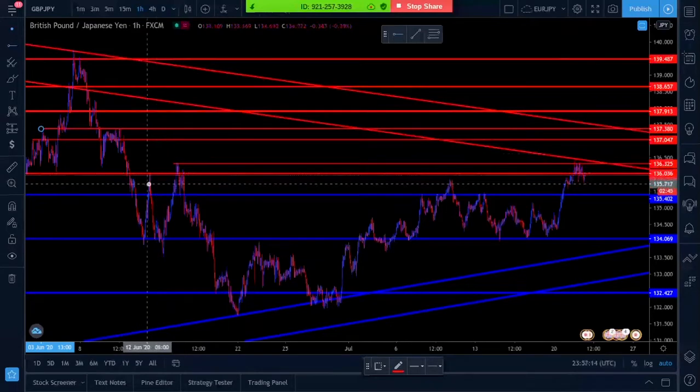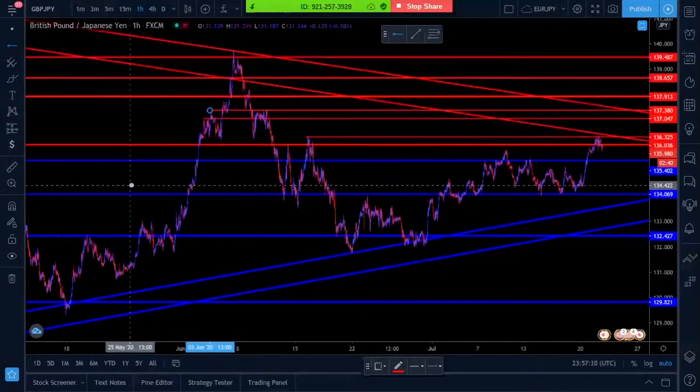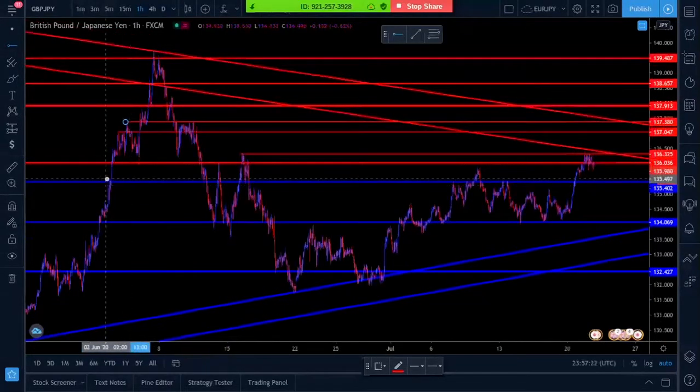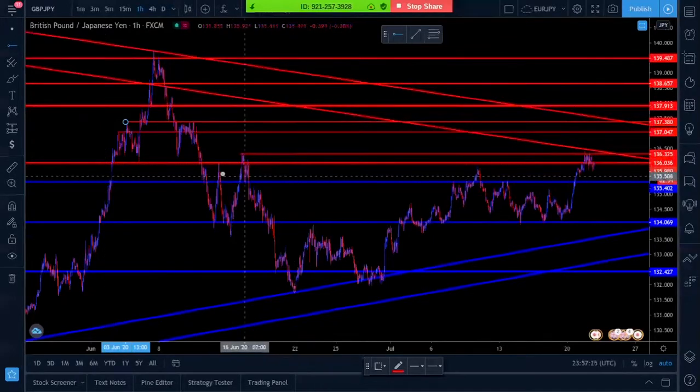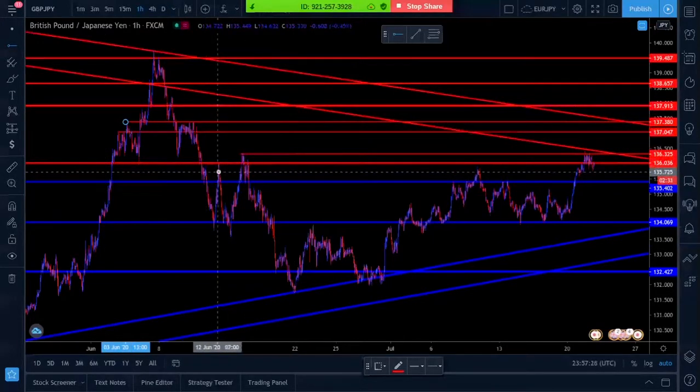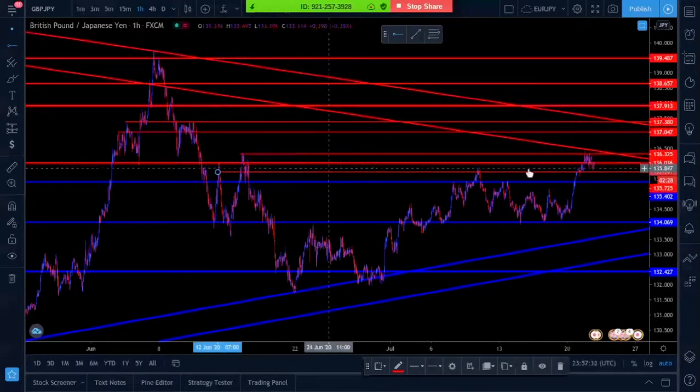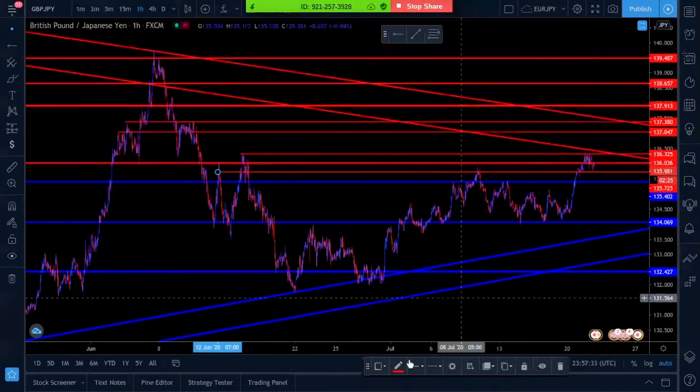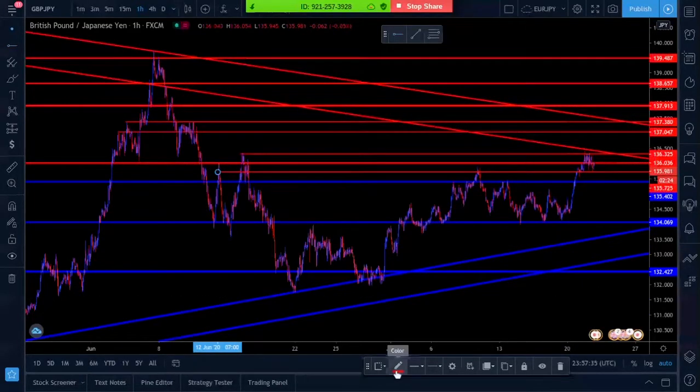So I'm going to draw that support. It broke this resistance, so now what did it become? It's been touching as support. And that's the only support I'm going to draw.